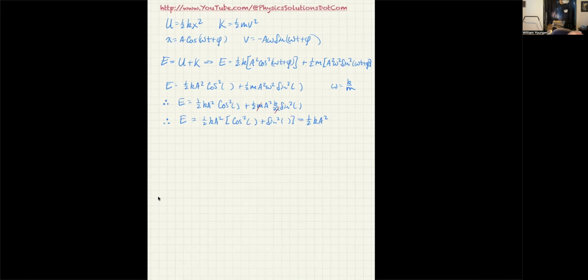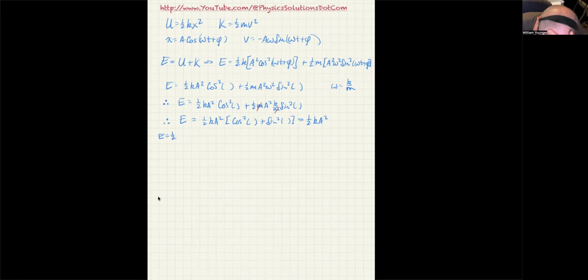So that's E is just basically 1/2 k times the total amplitude squared. But that makes perfect sense, right? Because the energy is kinetic energy plus potential energy. But when you have the spring extended all the way out, the kinetic energy is 0, and all the energy is stored up in potential energy, which is 1/2 k A squared. So that's one result we have.